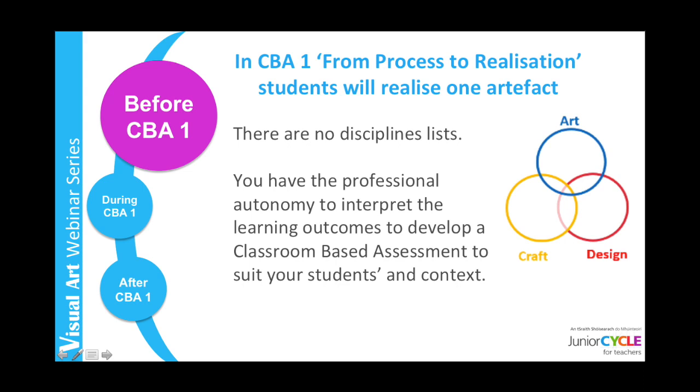In CBA 1, from process to realisation, students will realise 1 artefact. There is no discipline list. You have the freedom to interpret the learning outcomes to develop a classroom-based assessment to suit your own students and context.